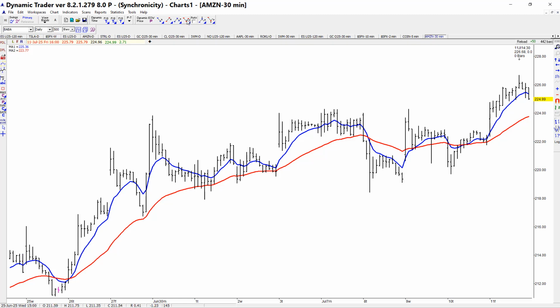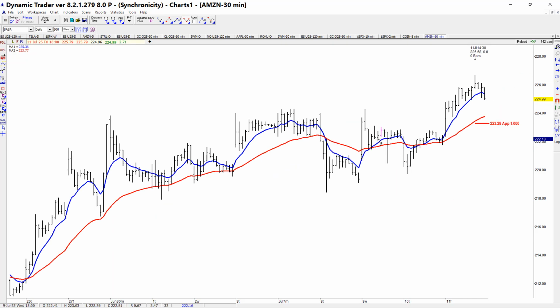I'm going to come to my 3-pointed tool here, and I'm going to go high, low, high. These are the swings inside the swings. I'm going to use those also. High, low, high, high, low, high. All of these are swings inside the swings, and then this entire swing I will also be using.